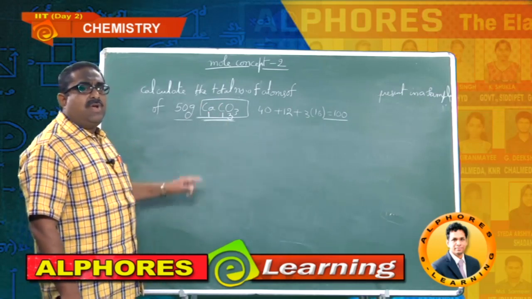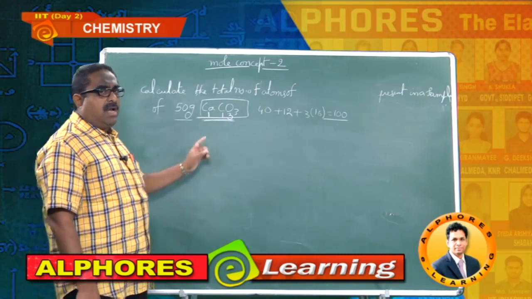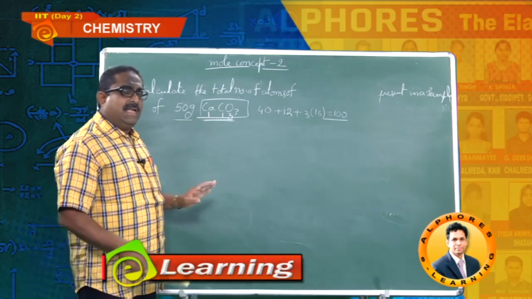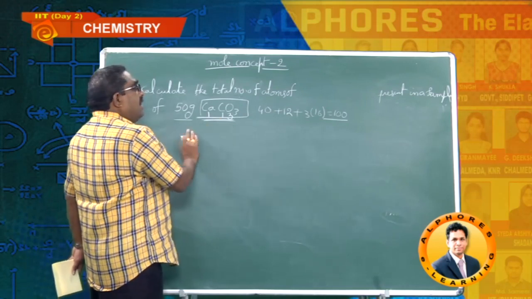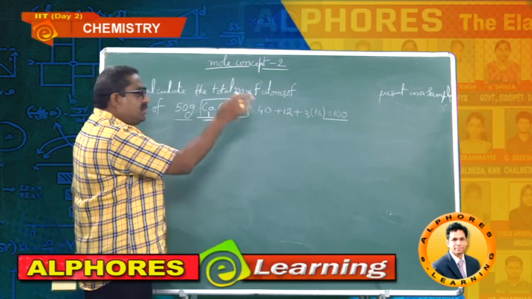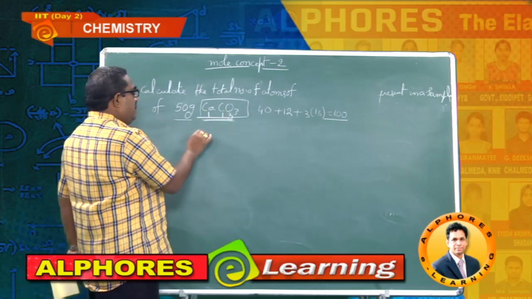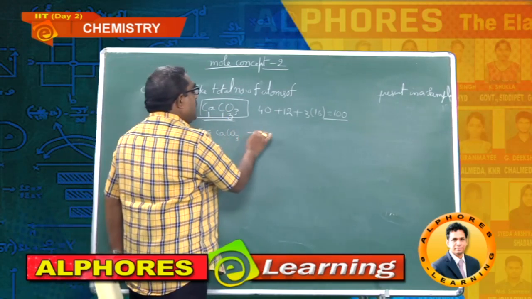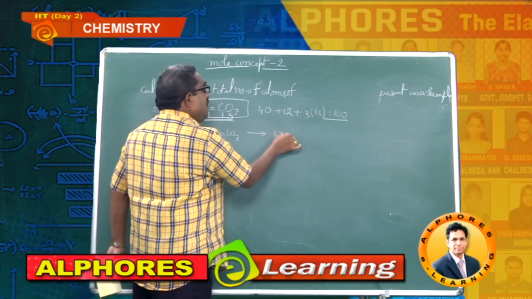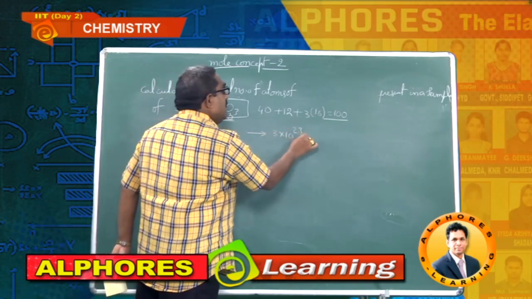Directly we can calculate the total number of atoms. First of all let me calculate the molecules. We know 50 grams of calcium carbonate, as I have just calculated, contains 3 into 10 power 23 molecules.